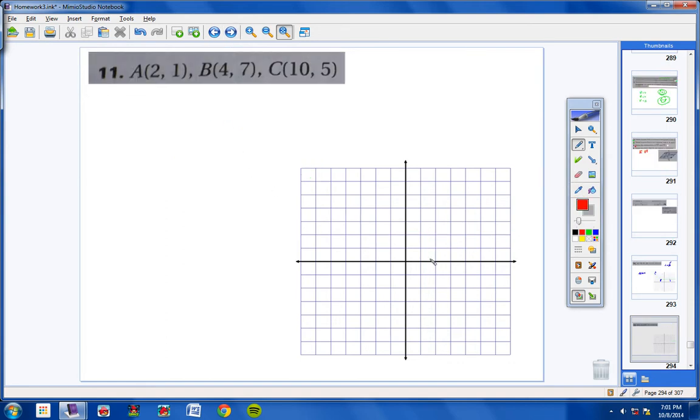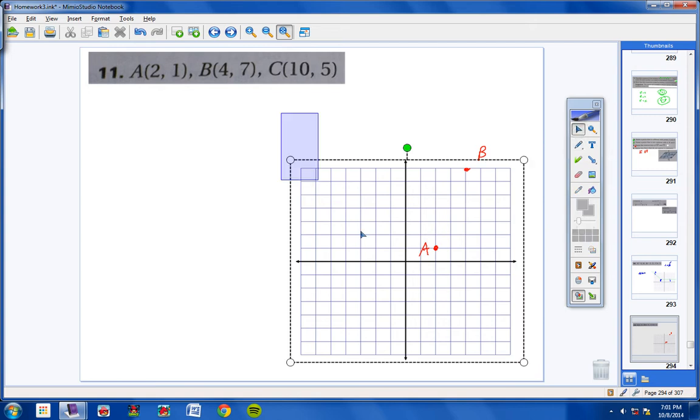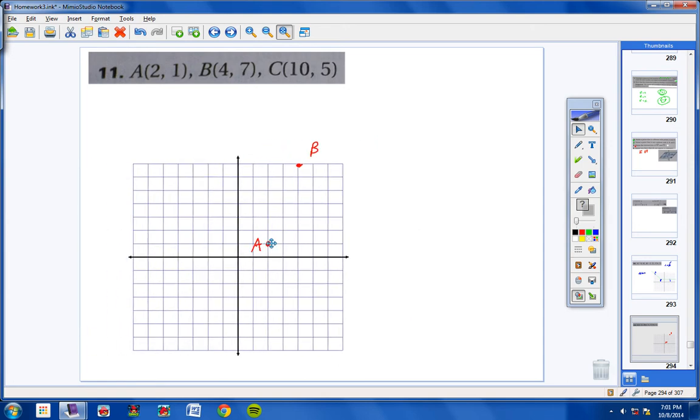Point A is 2, 1, so over 2 up 1. And then B is over 4 and up 7. 1, 2, 3, 4, 5, 6, 7. So here's B, here's A, and then C is 10, 5. 1, 2, 3, 4, 5, 6, 7. It's going to be tough. Let's do this. Let's put all these together and slide it over a little bit. Here we go.